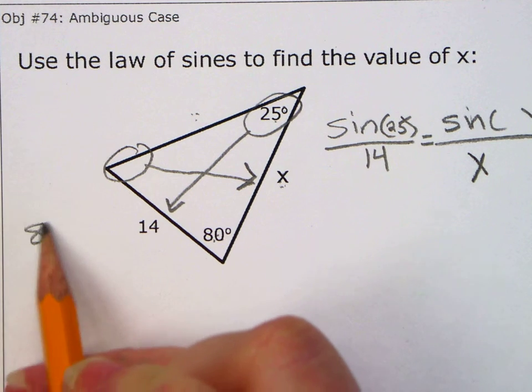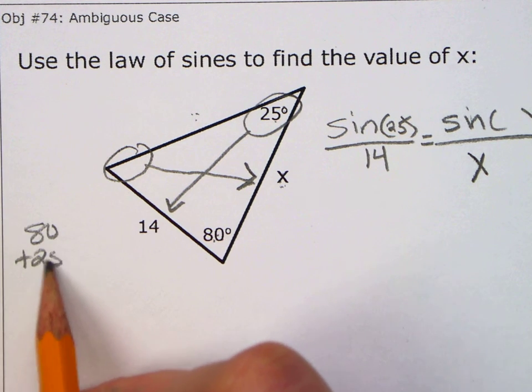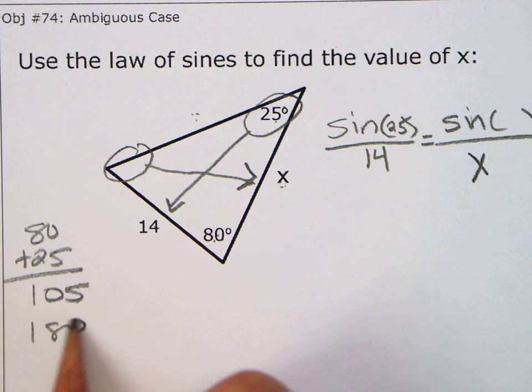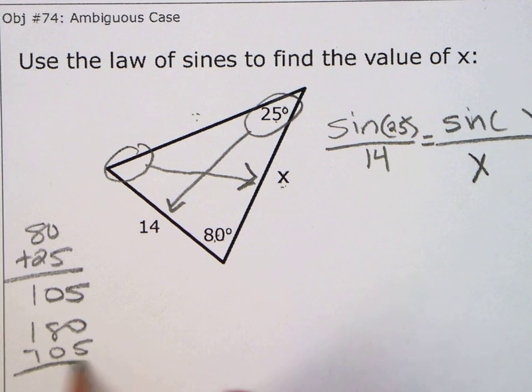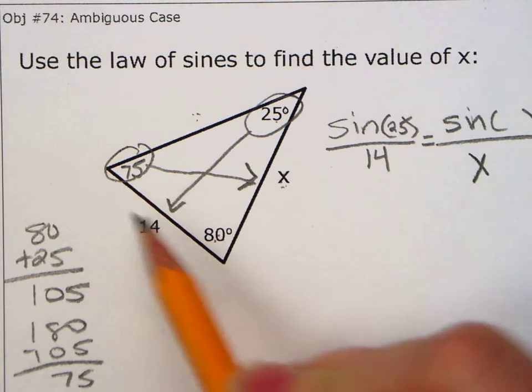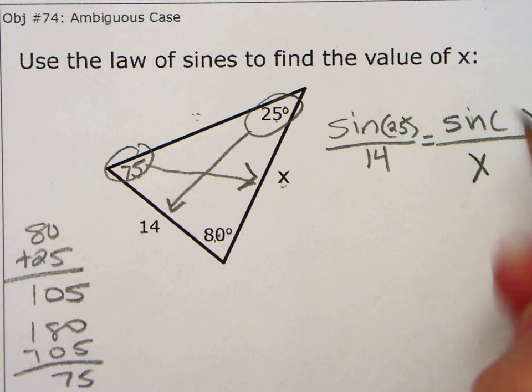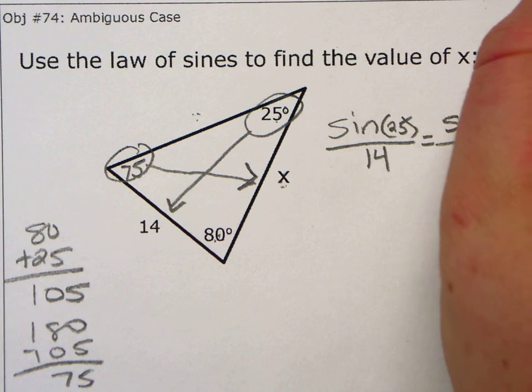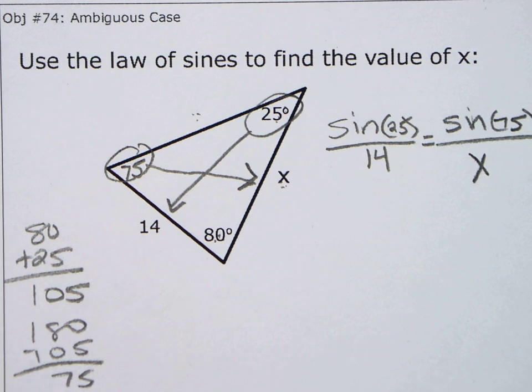So 80 plus 25 is 105. 180 minus 105 is 75. So this has to be 75, because these three added together equal 180. So what's the angle across from x? 75 degrees. Okay. And then we're going to solve for x.